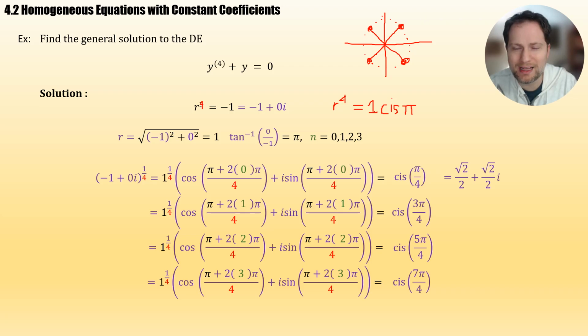This first one is cosine and sine of pi over 4. That's what you got. This one over here, the x coordinate will be negative. Notice these two are complex conjugate pairs. Here, I'll mark them in blue. This one and this one are these two that we just got here and here.